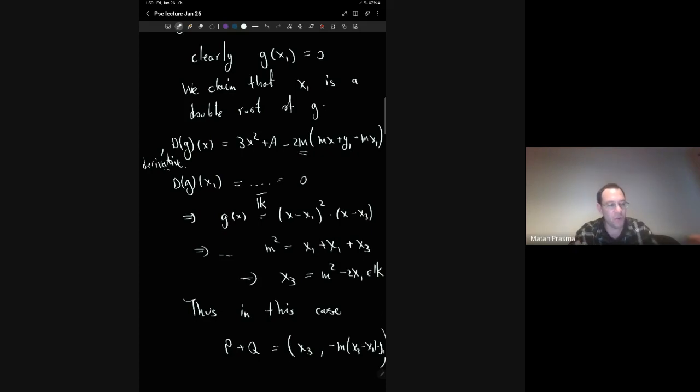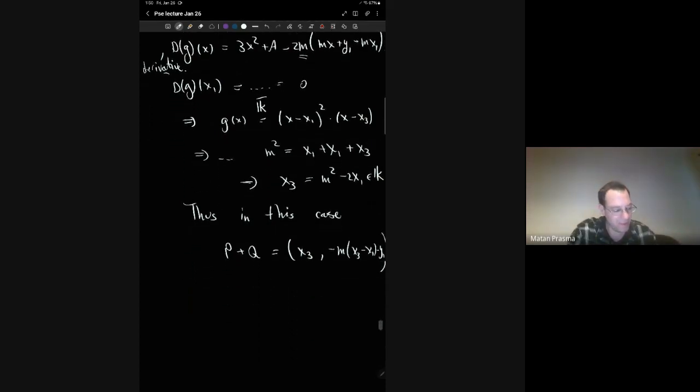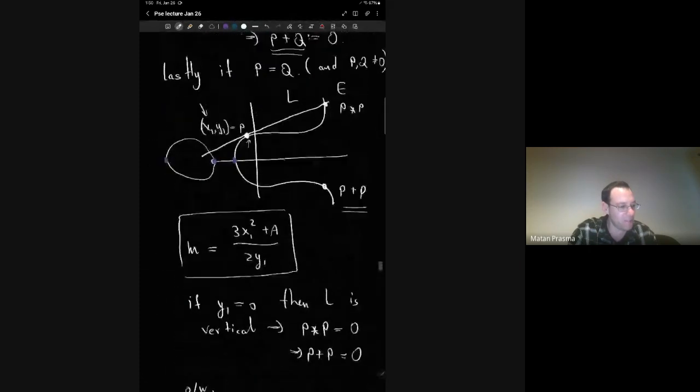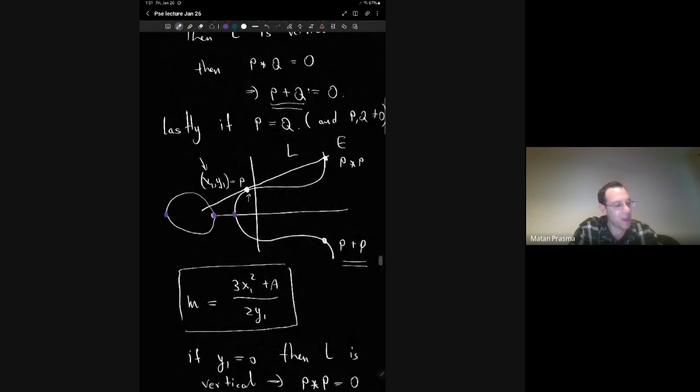Just to show you that the things are also defined with the point at infinity. How do I add the point at infinity, according to the geometric intuition we have? I draw the line. Let's say, how do I add the point at infinity to itself?